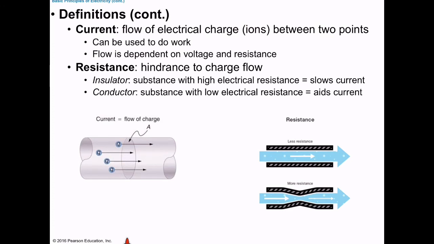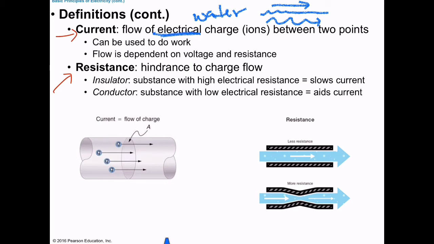Another thing I want you to know about is current, and I want you to know about resistance. A current is like water, right? Think of water just flowing, and sometimes the current moves fast, and sometimes it moves slow. The same thing happens with electrically charged ions.